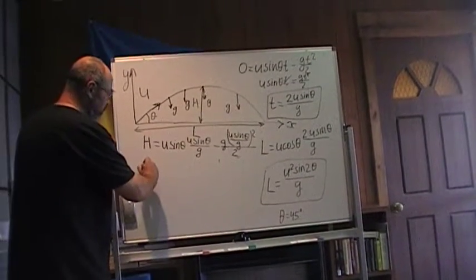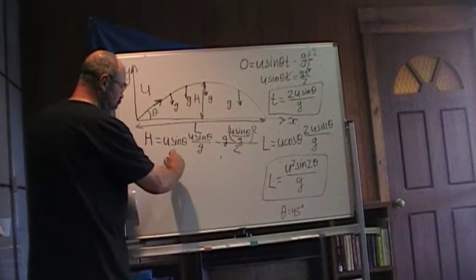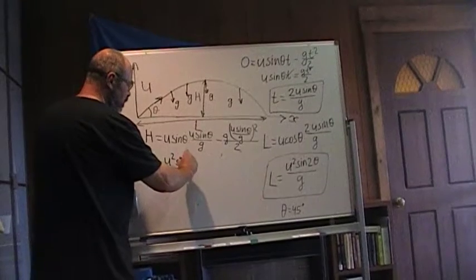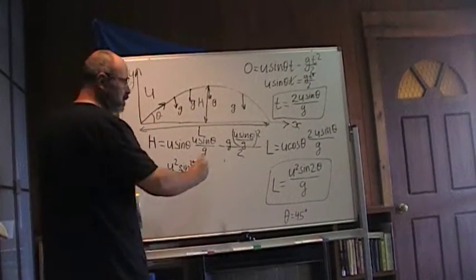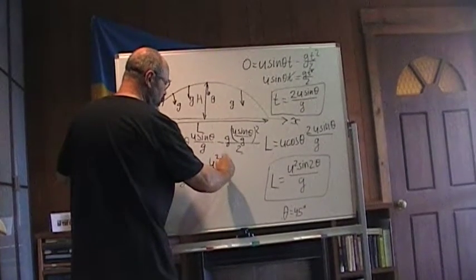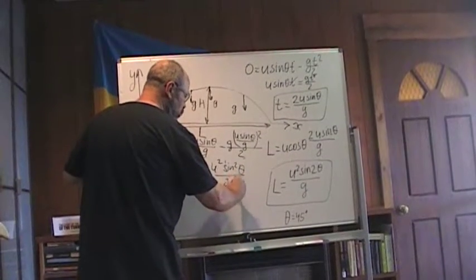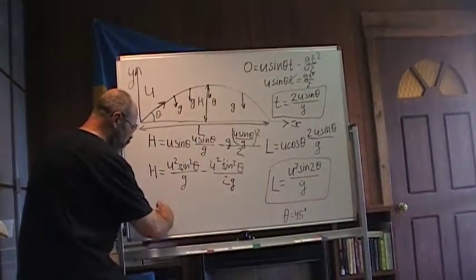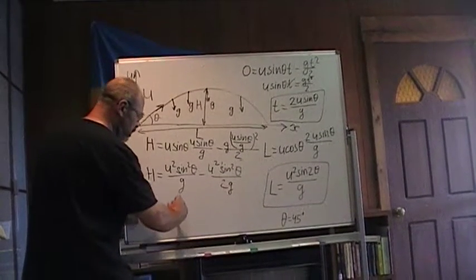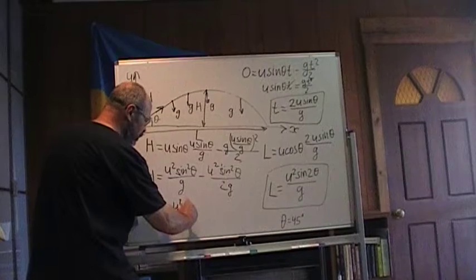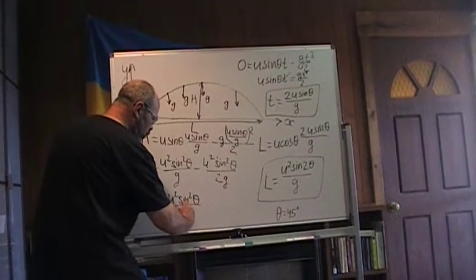Simplifying this expression, we get u squared sine squared theta over g minus u squared sine squared theta over 2g. So finally we get the expression for the maximum height equals u squared sine squared theta over 2g.